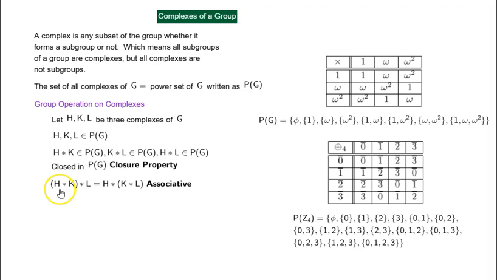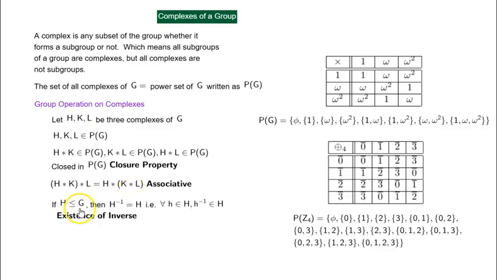Associative property: H times K taken first, then times L, is equal to H times K times L. Again, we can take up two subsets, multiply them, take the third set and multiply them, and again multiply them in a different order. The result will be the same.